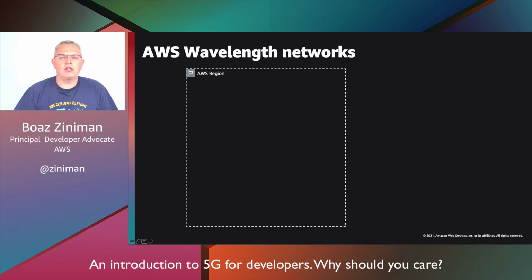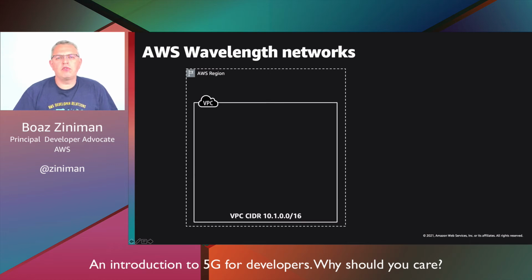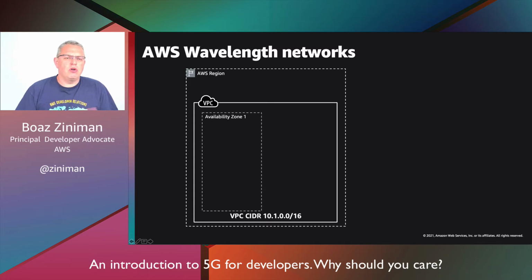Not all of them support Wavelength, so make sure you're using the right region. Then you start to create your VPC, and it's exactly the same VPC that you've been building before for a specific application. And inside this VPC, you are going to start deploying networks, availability zones, and in this case, maybe 2, maybe more, depending on the region you're running.